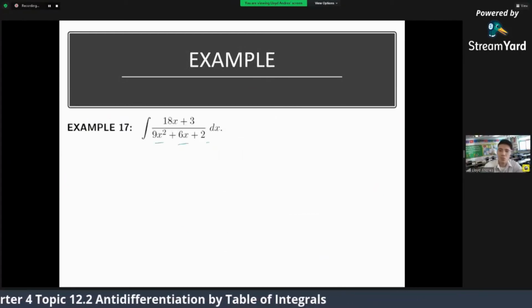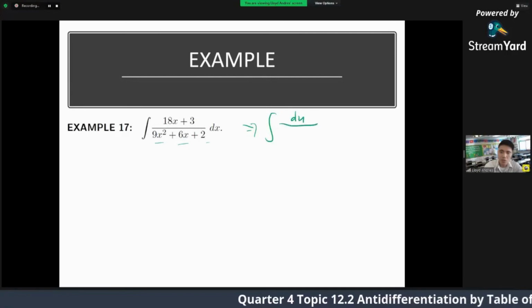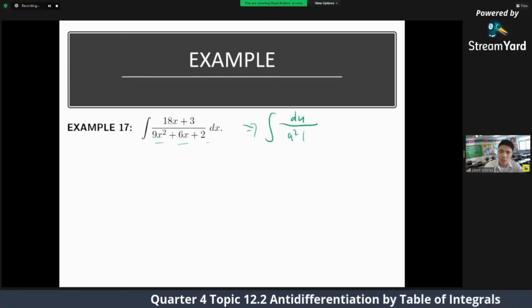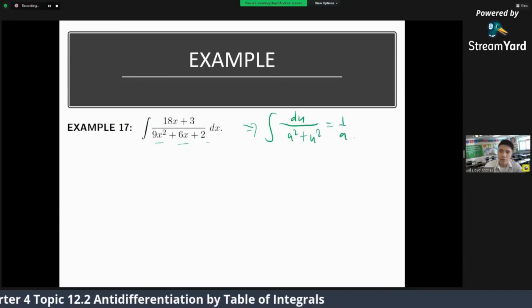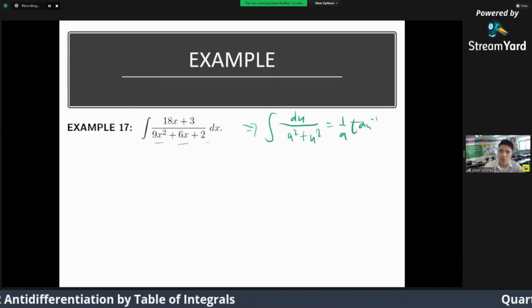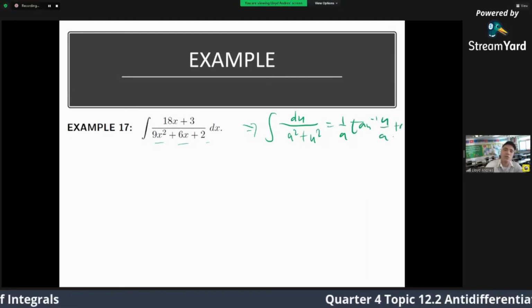So we expect the pattern integral of du over a squared plus u squared, which is equivalent to 1 over a inverse tangent of u over a plus c.